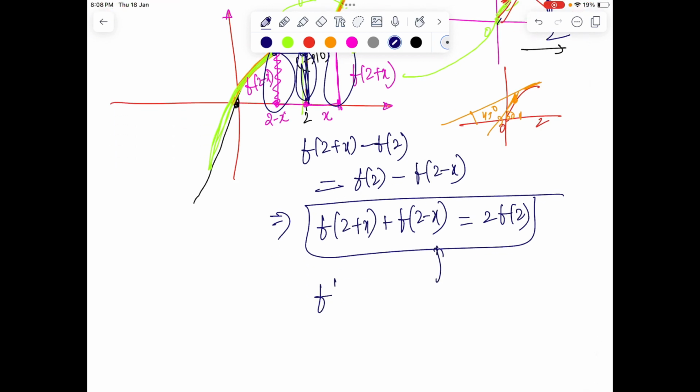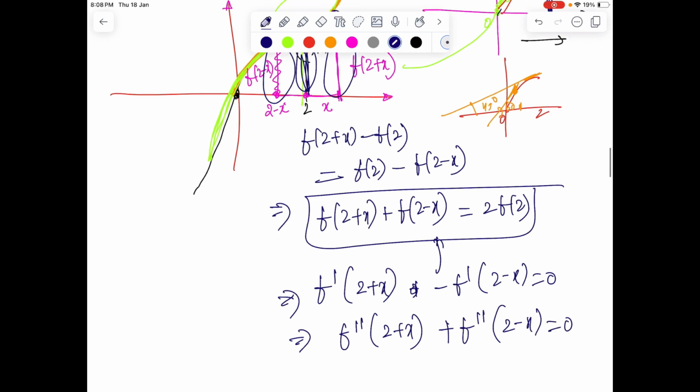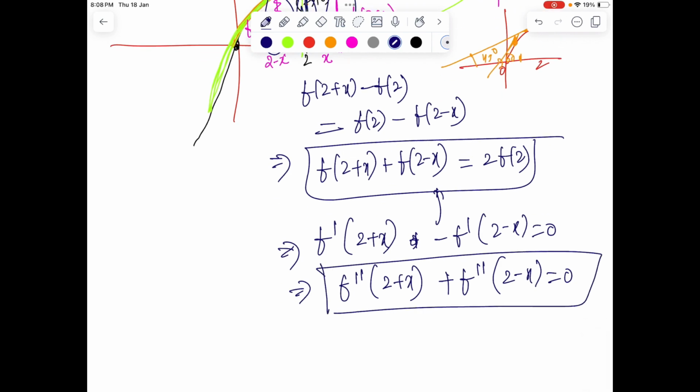This clear? You can prove this otherwise also, because you see if this relation holds, then I can tell f dash 2 plus x, you find this derivative, minus f dash 2 minus x must be 0. If this holds, it means f double dash 2 plus x plus f double dash 2 minus x must be 0.